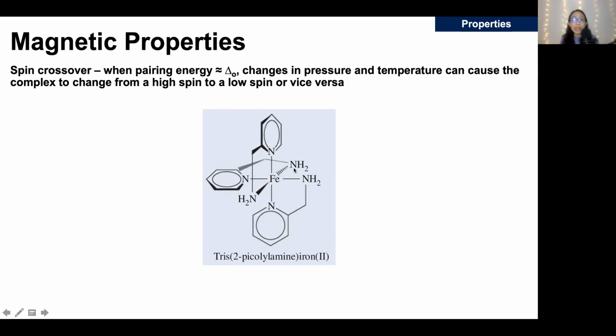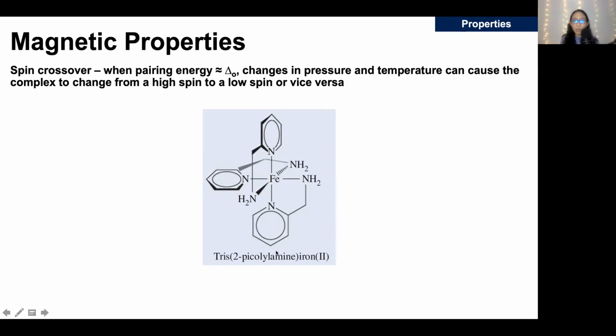This is for the same ligand. For one particular ligand and your central metal ion, the pairing energy is comparable to the crystal field splitting. So there are conditions in which you will find it as a high spin complex, and conditions at which you will find it as a low spin complex. This is what we call spin crossover.